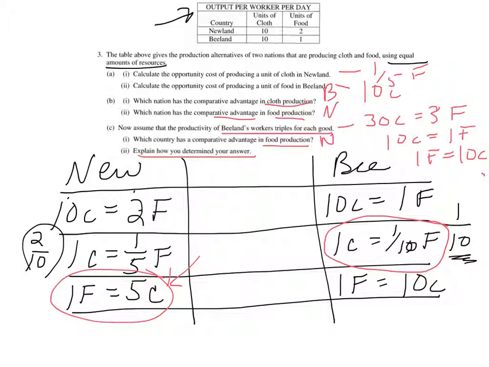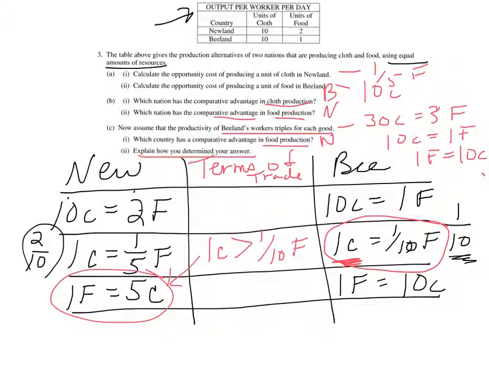Now, let's say we needed to figure out terms of trade. I know the problem doesn't ask for it, but let's imagine that it did. I know that Beeland is going to specialize in cloth production, and they will trade with Newland if 1 unit of cloth is worth more than 1/10 a unit of food.